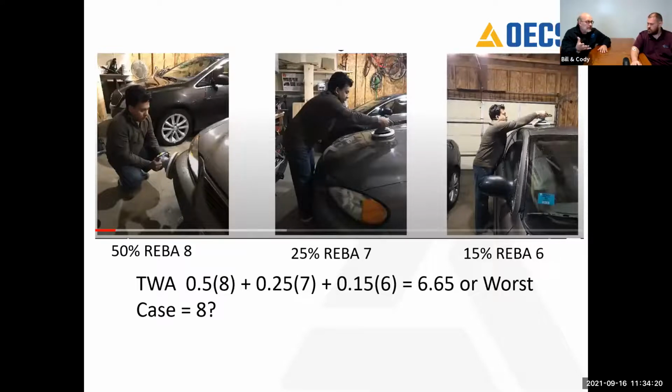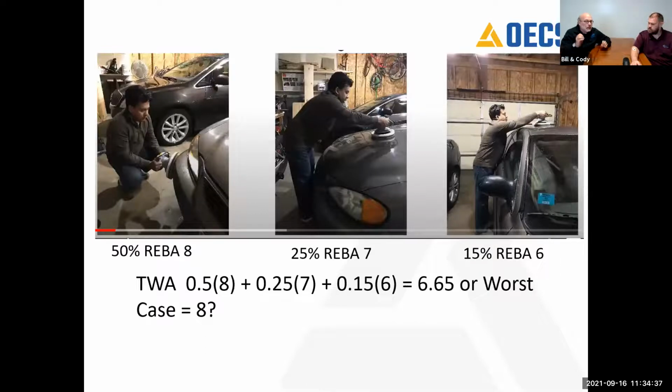And then for the time weighted average, about 50% of his time is on that lower part, doing all the fenders, all the doors, the trunk, then 25% with the hood of the car and the flat part of the trunk, and about 15% with the roof of the car.